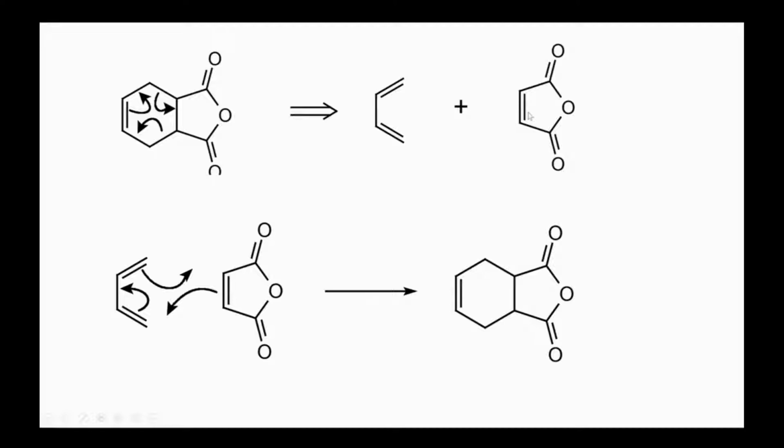So these are the two basic substrates, I would say, that are required for a Diels-Alder reaction. So you react an ene with a 1,3-diene to get your desired product. Now the 1,3-diene reacts with the ene in this way to give you the product.